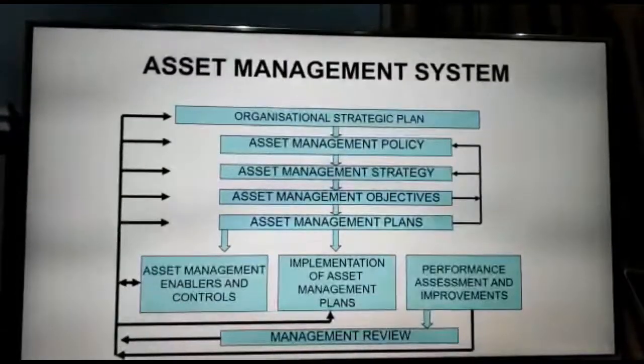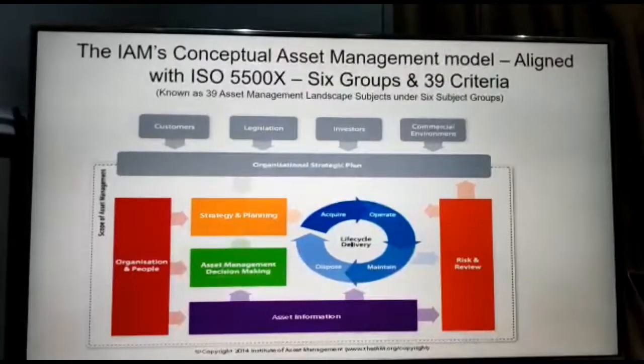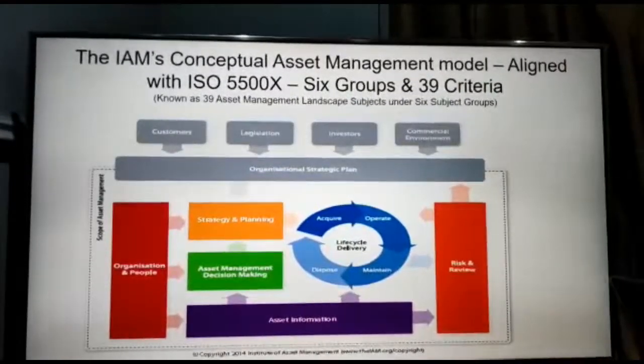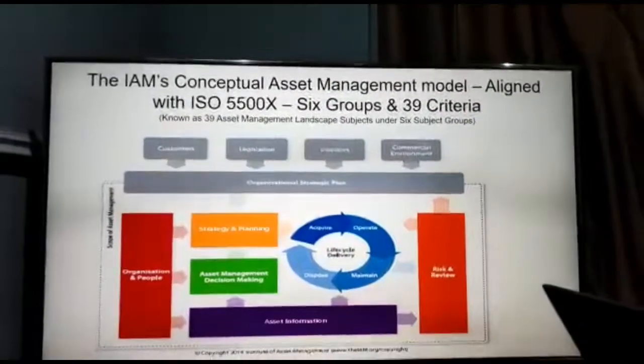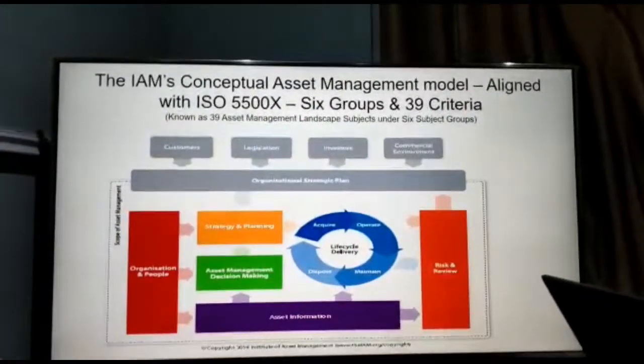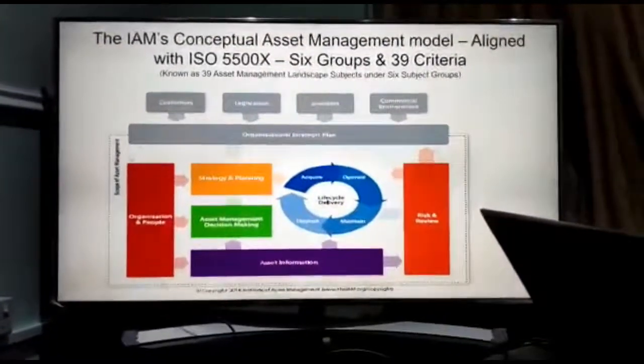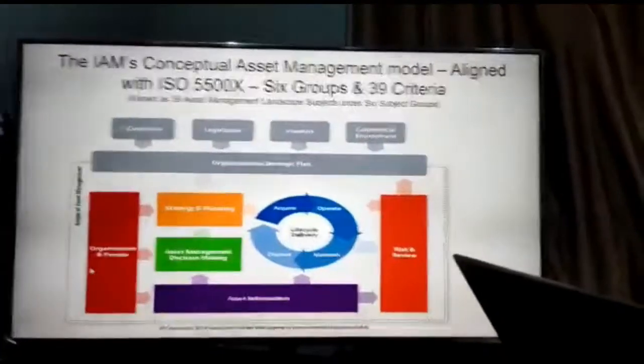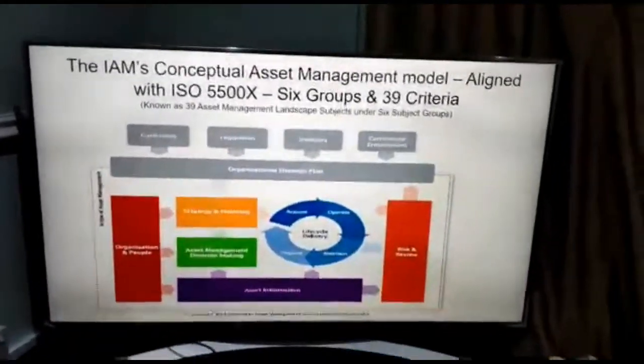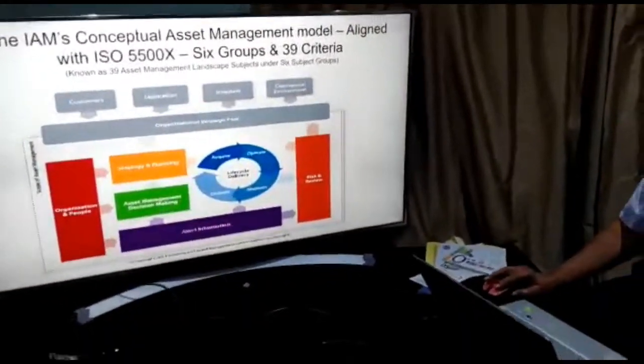So this is the ISO 55000 configuration. Basically, it is the boundary here. The asset management is classified as groups of organization and people, strategy and planning, and asset management decision making.